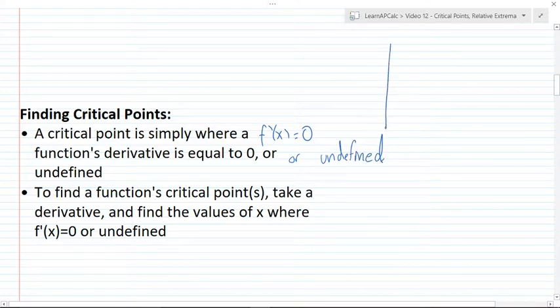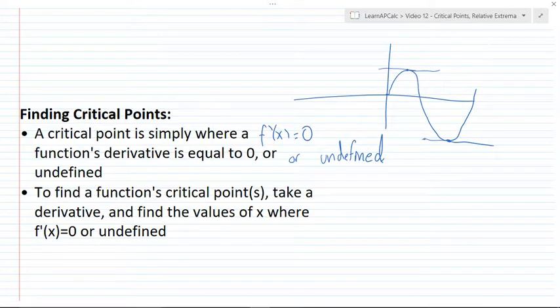And the way to think about this is, if at some point the slope of our tangent line is 0, we have a relative min or max, and that's why we try to find critical points.